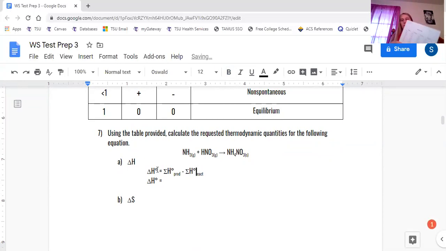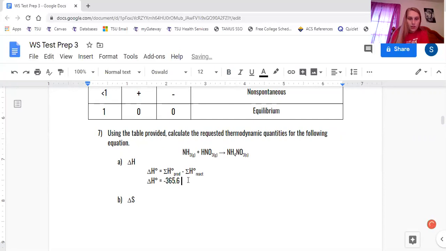You should have those numbers in the table, under where it says delta H. We need our products first. So we're going to look at NH4NO3 on here. Find delta H, and we see that it is negative 365.6. And that's all of our products.